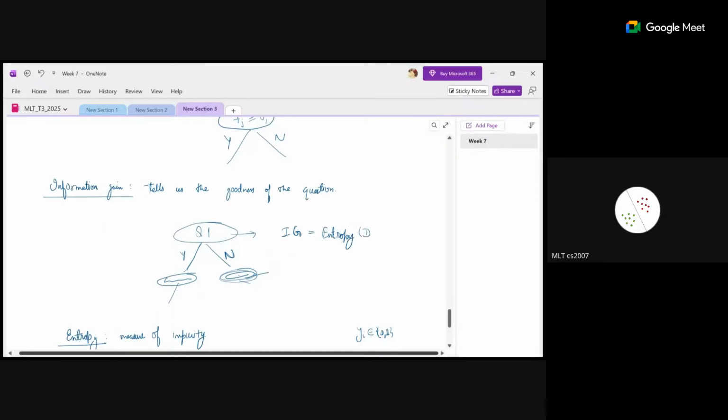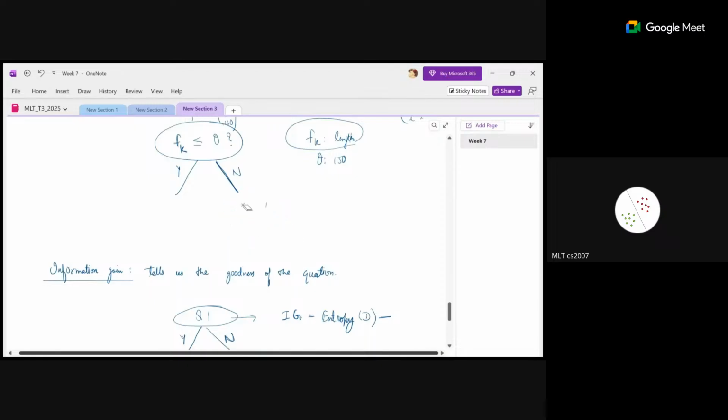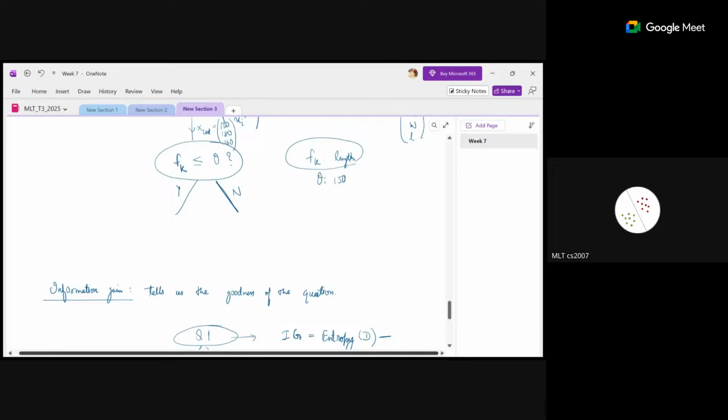If my data set is D, what is the entropy of D, and you subtract the proportion of... For example, if I ask this question, all the data which falls into the yes category I can call D yes, and all the data which falls in the no category I can call D no. So now D yes will have a set of some data points, and D no will have some data points, and together they make up the whole data set.